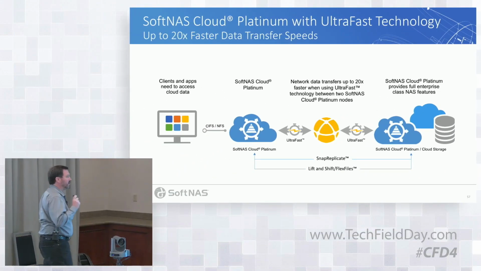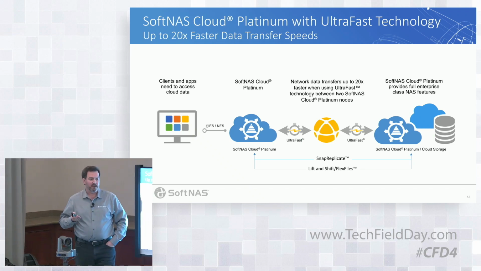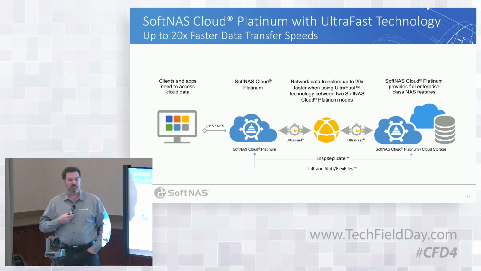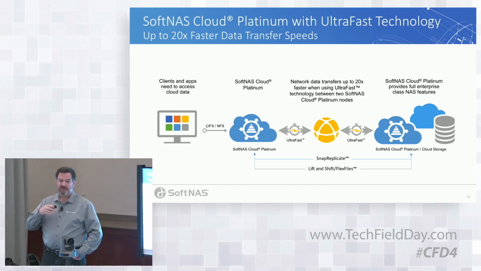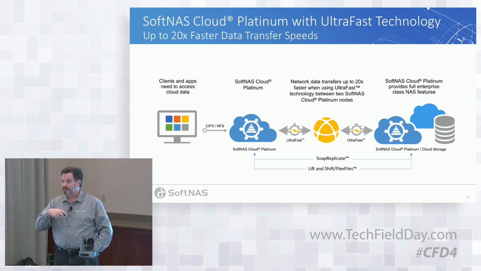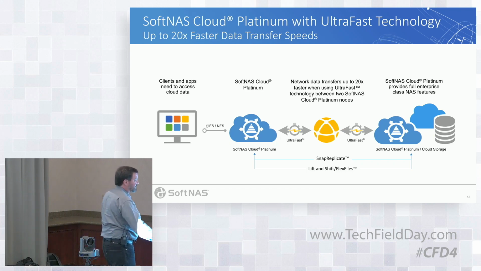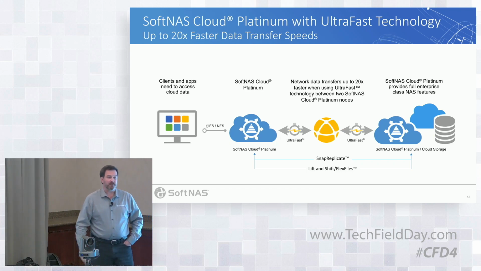All right. UltraFast is not a generic WAN optimizer. Coming from Citrix world, it's not a NetScaler. It's a feature that's integrated into the types of solutions that we're targeting, that we're talking about here today. Specifically, UltraFast is integrated with our snap replication.